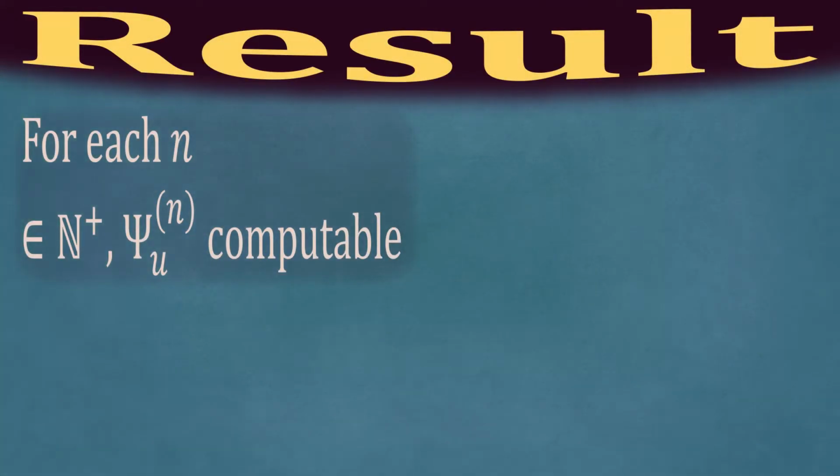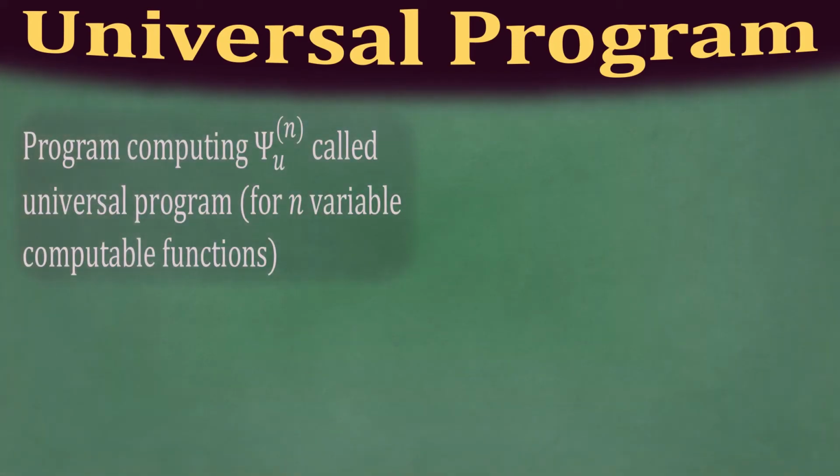Hence, we get the following result. For each positive natural number n, psi_u^[n] is computable. Now, let's define a universal program. A program computing psi_u^[n] is called a universal program for n-variable computable functions.